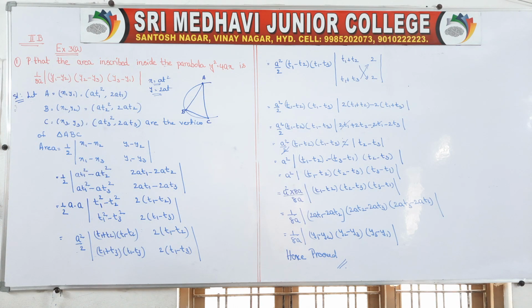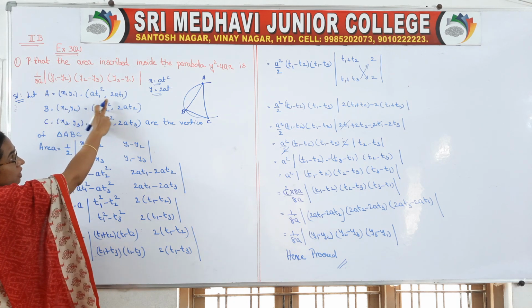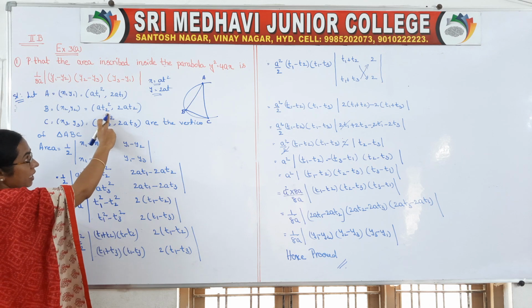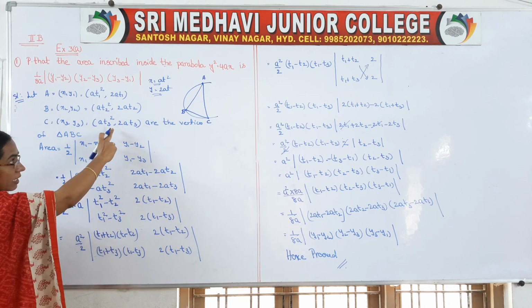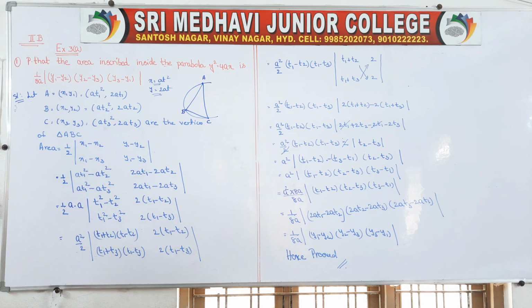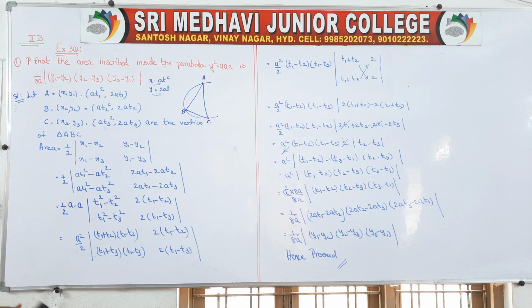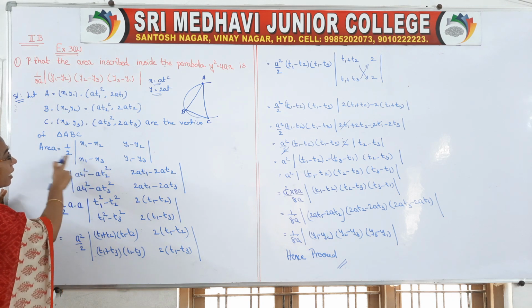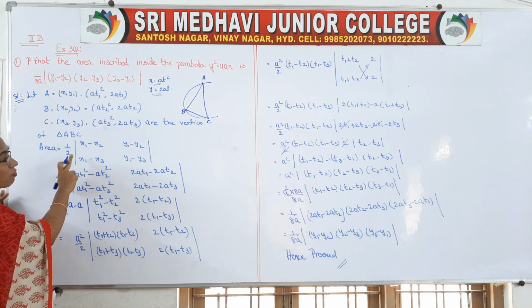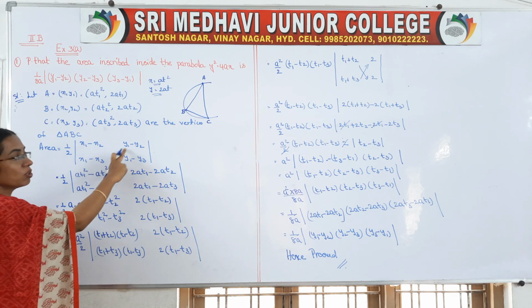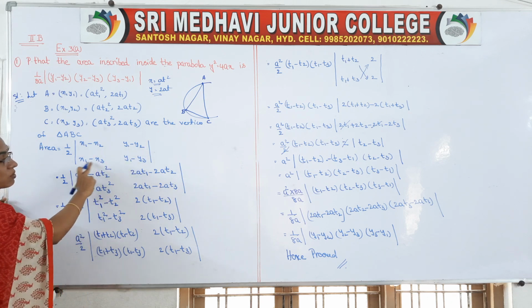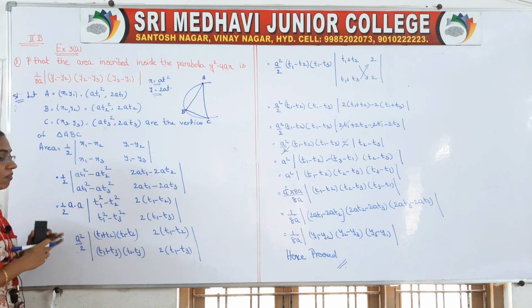We have taken 3 points, so to make the difference, we have taken at1 square, 2at1, at2 square, 2at2, at3 square, 2at3. Right. So you have to take the values in parametric form. After that, we applied the formula. Area of the triangle is half modulus x1 minus x2, y1 minus y2, x1 minus x3, y1 minus y3.